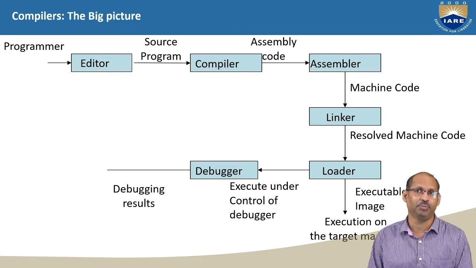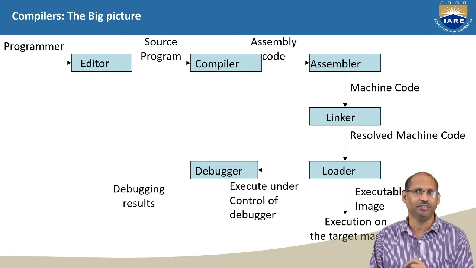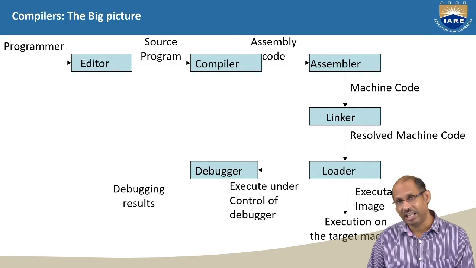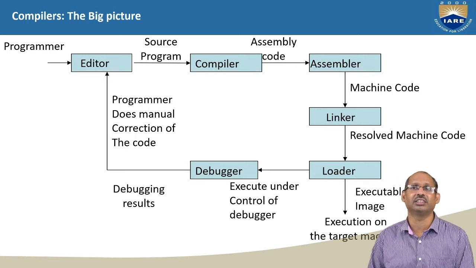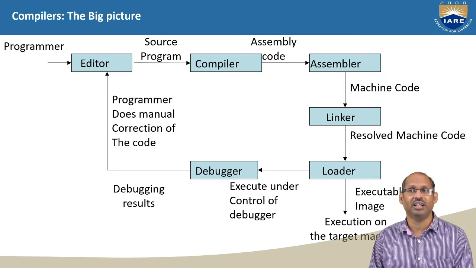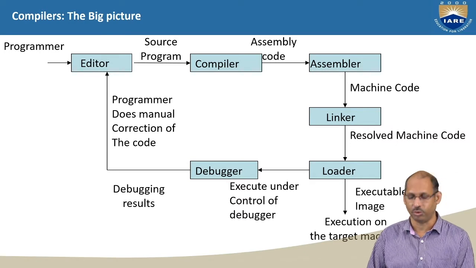So with the help of the debugger, checking each line of the program, we can find out and rectify all the logic errors, right? Then if it still has some errors, once again we'll make the corrections with the help of editors. So this is a cycle for the compilation process.